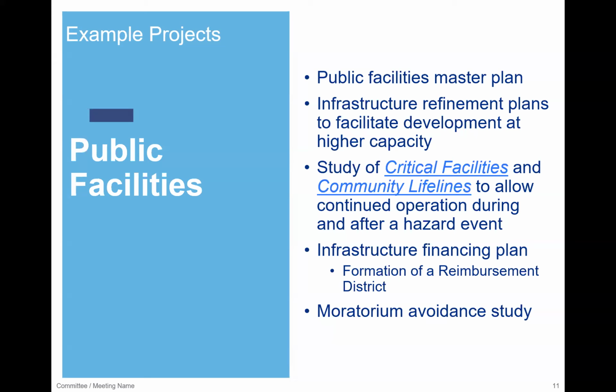And then we can get down more into the financing piece where just, either a general infrastructure financing plan, laying out different options of financing, or even more specific, looking at getting involved or analyzing the formation of a reimbursement district. And then the last example we have here was provided by one of our public facility specialists.